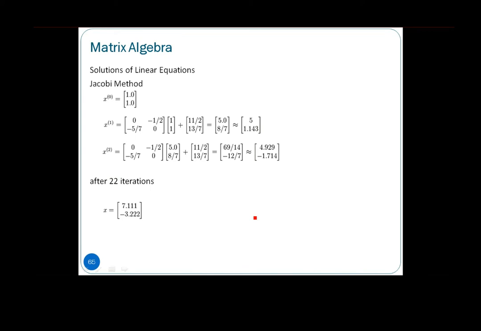Assuming iteration by iteration, at the 0 iteration I put the initial value 1, 1.